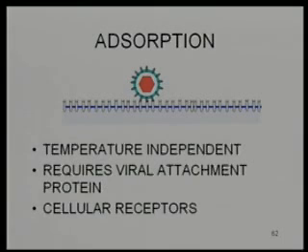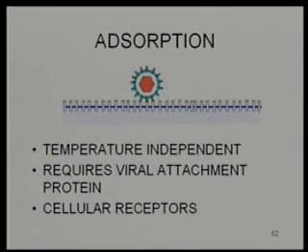But this process is basically just a question of diffusing till it meets the receptors, and then it's non-covalent interactions with the receptors that cause it to stick to the cell surface. So this is temperature independent. It requires that viral attachment protein because it's mediated by that protein recognizing the right receptors. And that's important for viruses. They don't want to bind to anything in the environment. Otherwise, they'd spend all their time binding to the mucus in your nose and they'd never actually manage to infect you.